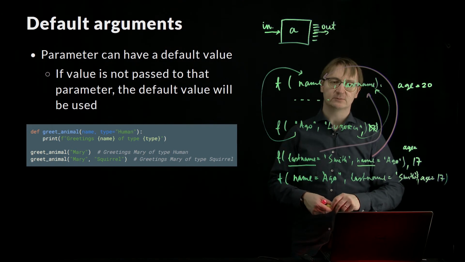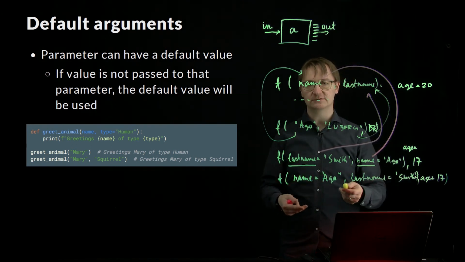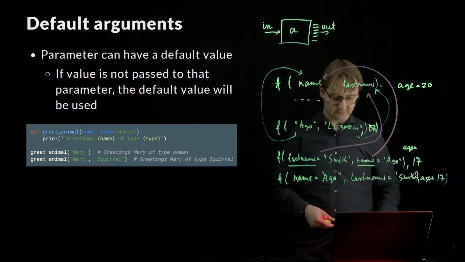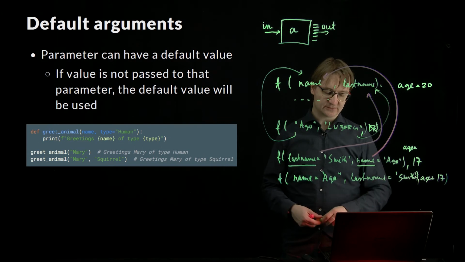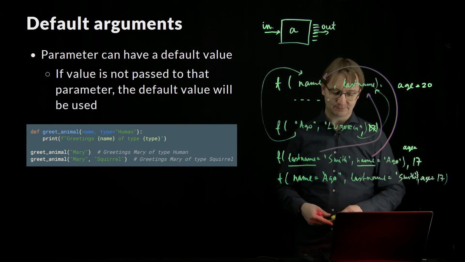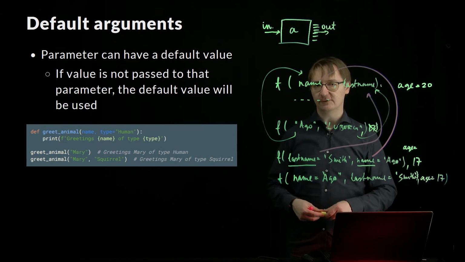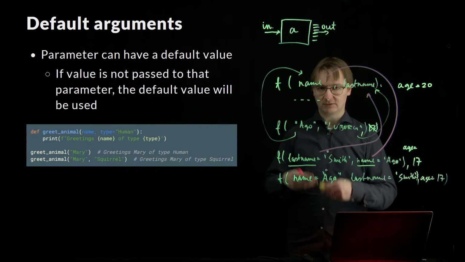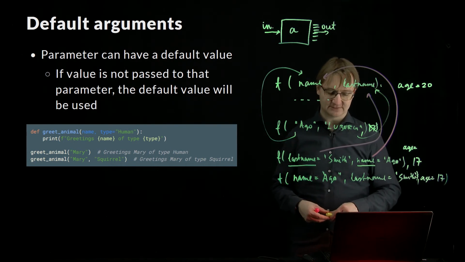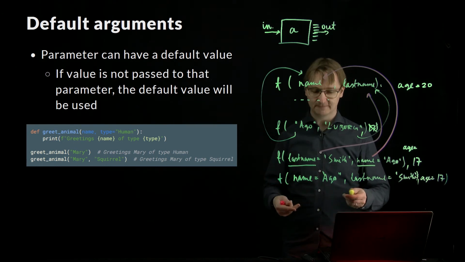So if I don't want to pass a specific value into this parameter, I can use the default value here. So here's an example. The function name is greetAnimal, and you can pass in the name and you could pass in the type. But the default value for the type is human. So if I just pass Ago there, I will see the greeting that says greetings Ago of type human.